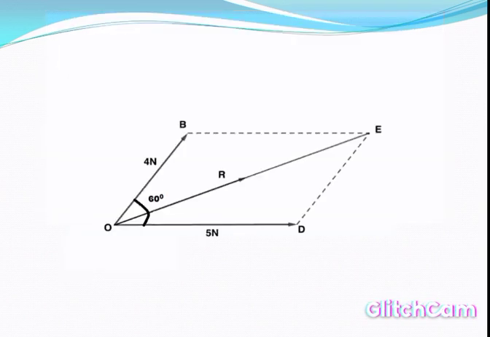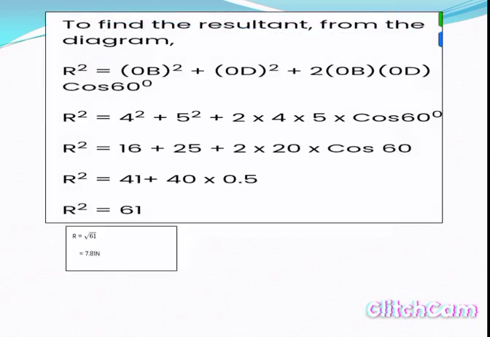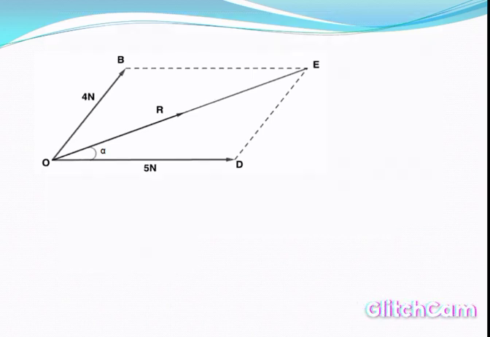You can see from here that the angle between the two vectors is 60 degrees. So to get the direction, you simply take the opposite side divided by the sine of the angle between the resultant and OD, that will be equal to the resultant all over the sine of the angle between the vectors.